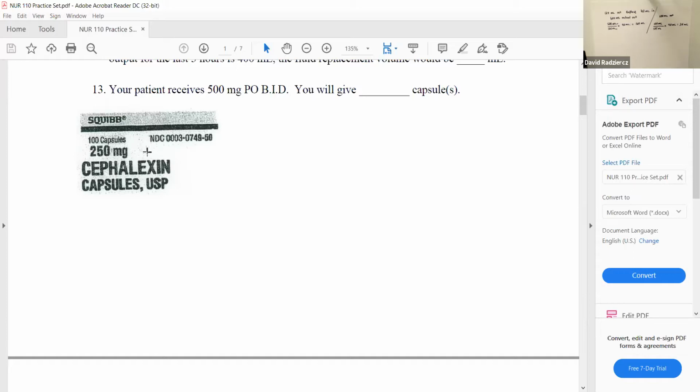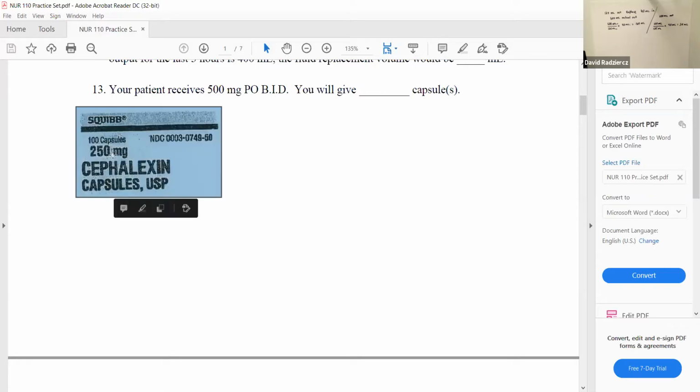So they always try, from what I understand, to simplify it. Like this 500 milligrams is a multiple of 250. The next dose up would probably be 750 milligrams, and then 1,000 milligrams or 1 gram. And that would just adjust how many capsules you'd give.